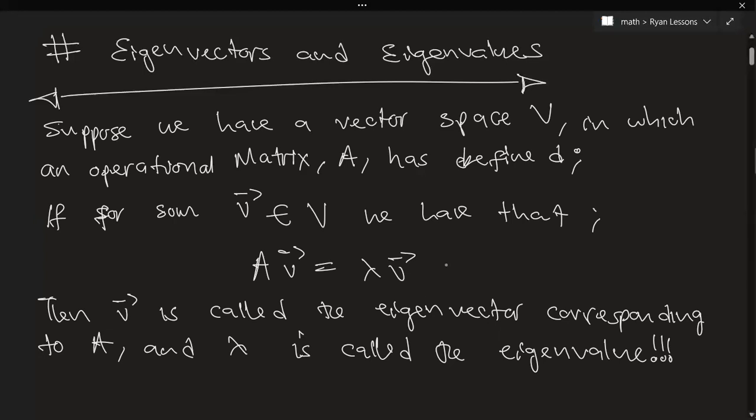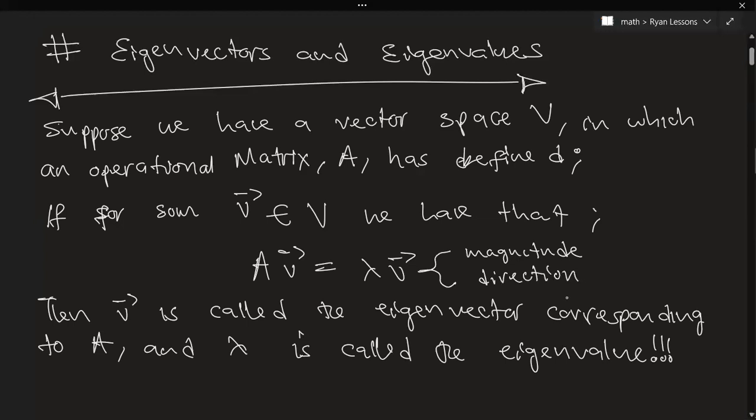Because remember, what is it that makes up a vector if we bring it into the language of physics? A vector is characterized by what we call magnitude, and then what we call direction.